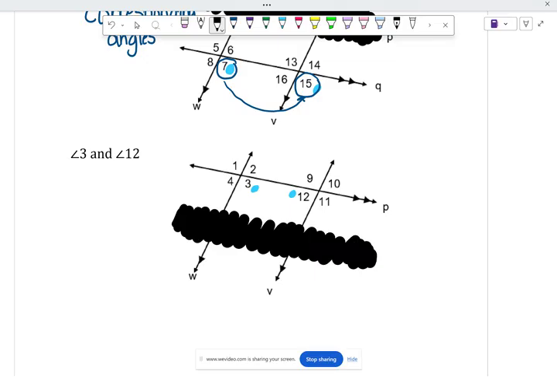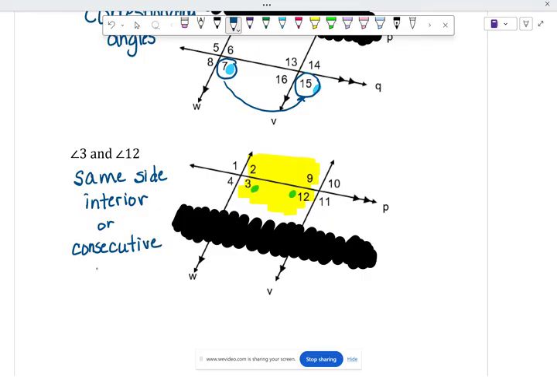Angle 3 and angle 12 are both on the interior of line W and V. They are on the same side of transversal P. Therefore, angle 3 and angle 12 are same side interior angles. Or they could be called consecutive interior angles. You need to know both names.